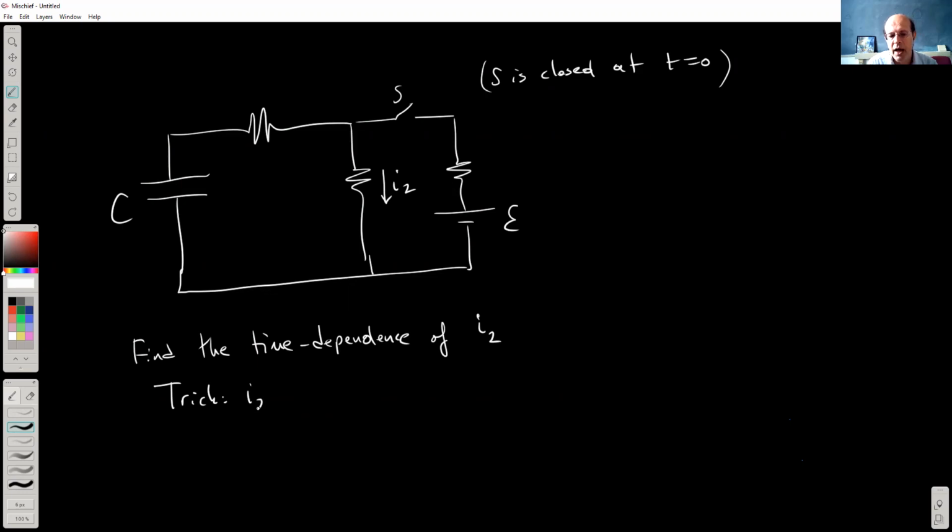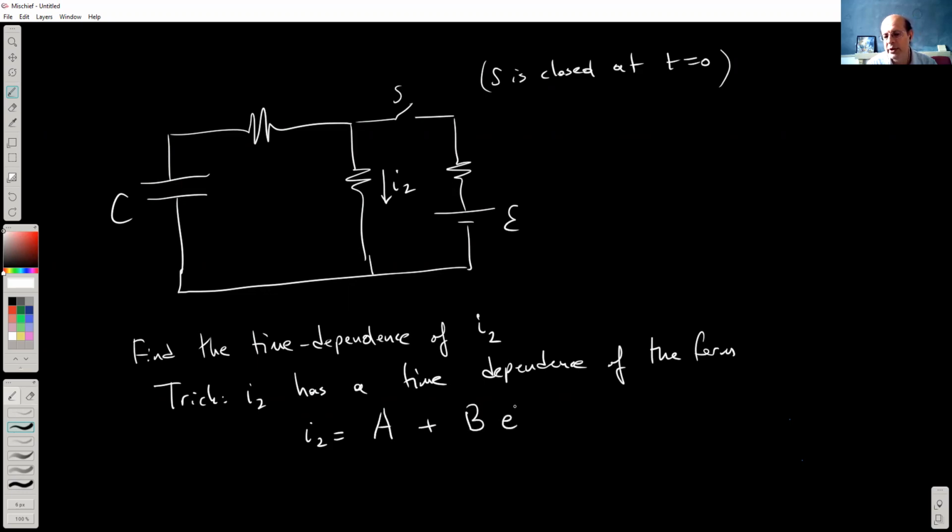I2 has a time dependence of the form I2 equals some constant plus some other constant times e to the minus t divided by tau. Tau is the time constant of the circuit.